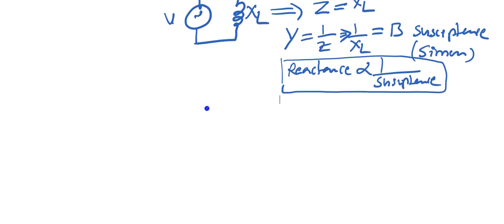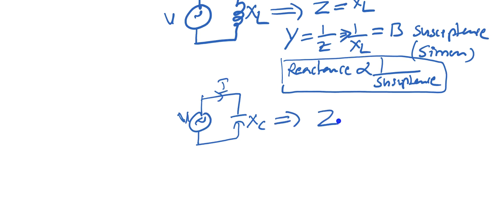Similarly, the capacitor is the same. You know the capacitor also has a reactance, Xc, isn't it? Xc is the capacitive reactance. This is also an impedance, so Z is equal to Xc.